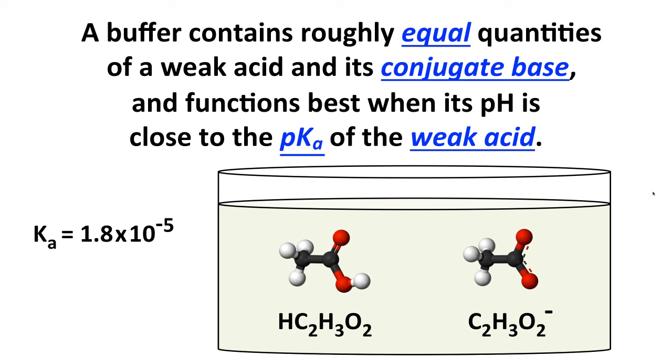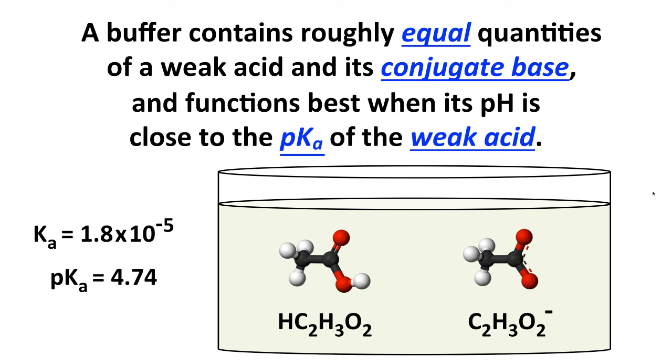So in the case of this buffer, where we have some weak acid, acetic acid, and its conjugate base, the acetate ion, the Ka for acetic acid is 1.8 times 10 to the minus fifth. The pKa is then negative log of the Ka, or negative log of 1.8 times 10 to the minus fifth, and that's about 4.74.